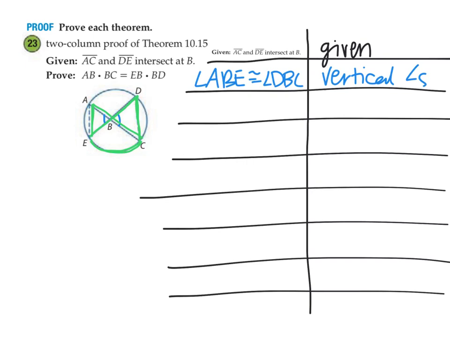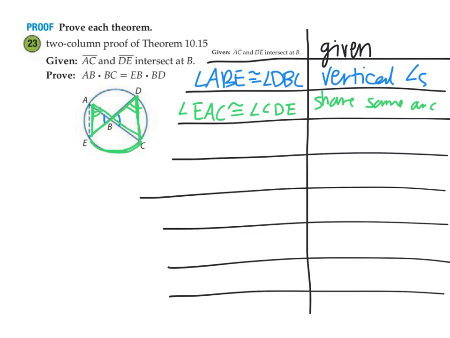If two angles share the same exact arc, what do we know about those angles? They are congruent. There was a theorem that said that if two angles share the same arc, then those two angles are congruent. So angle EAC is congruent to angle CDE because those angles share the same arc.